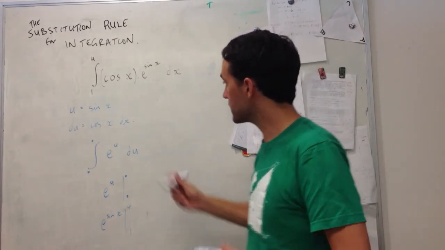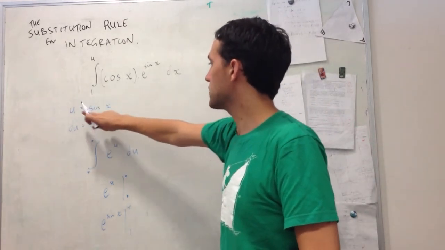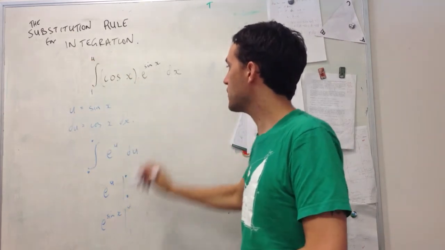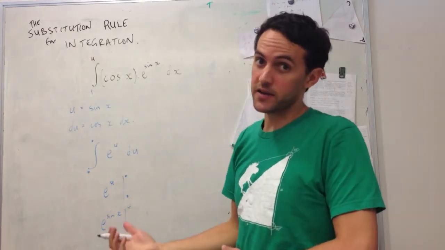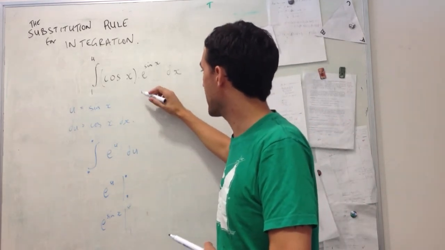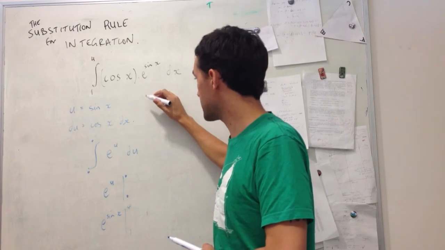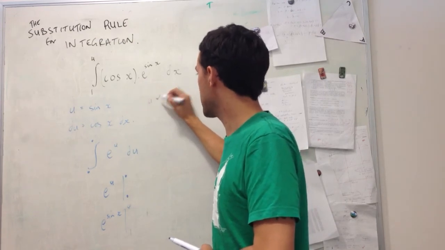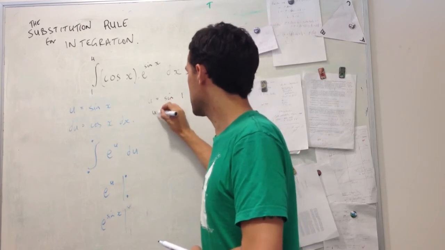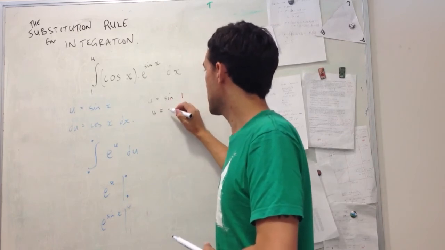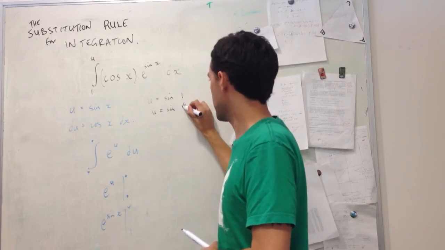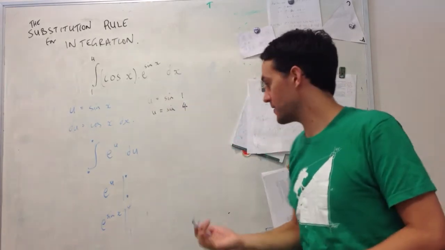However, what I can also do is if I've got u equals sine x and I'm going from x equals 1 to x equals 4, then I can actually change my terminals if I want. So we're going instead from u equals sine of 1 to u equals sine of 4. These are a bit weird numbers to have with sine, but that's okay.